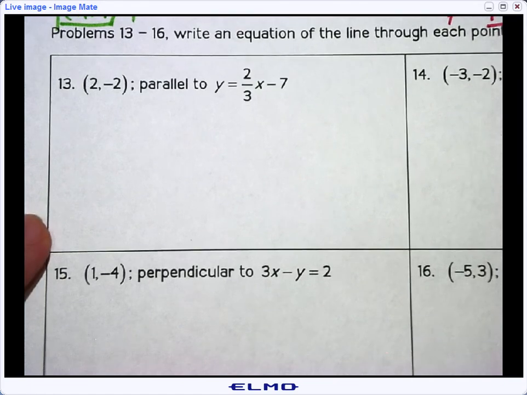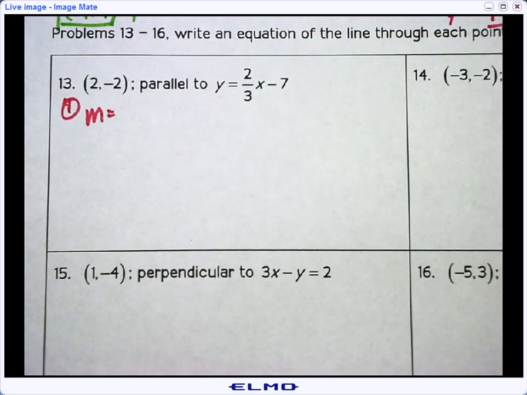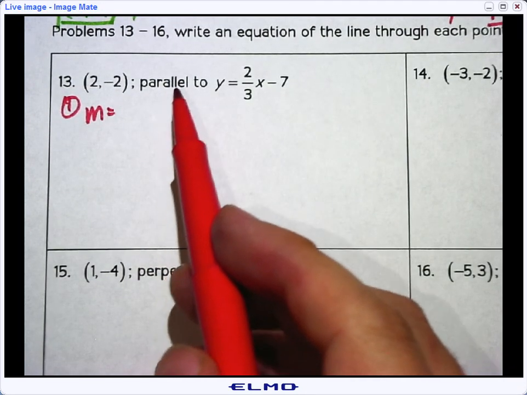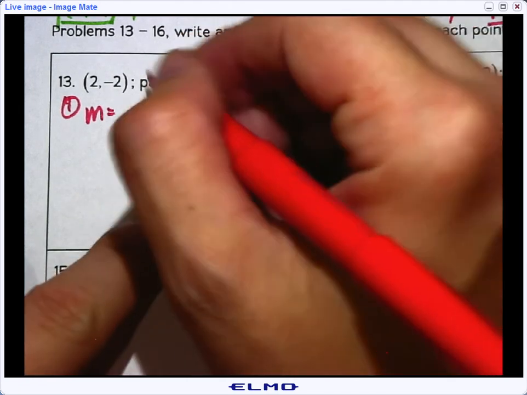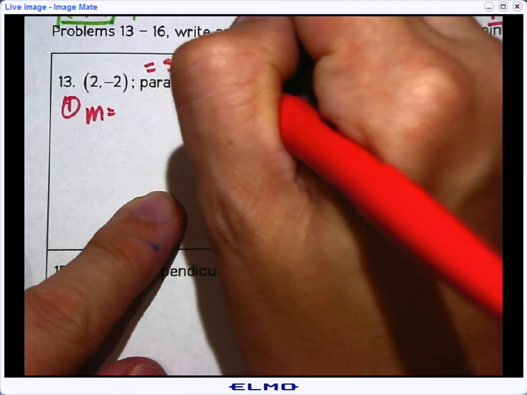So first things first, what m should I be using? Well, we talked about in class, if two lines are parallel, then the slopes have to be equal. So parallel lines means equal slopes.